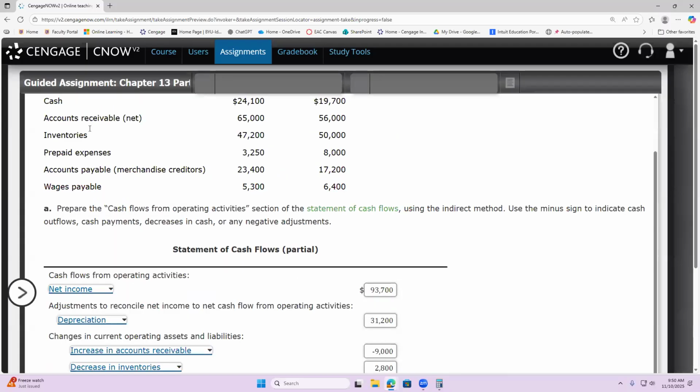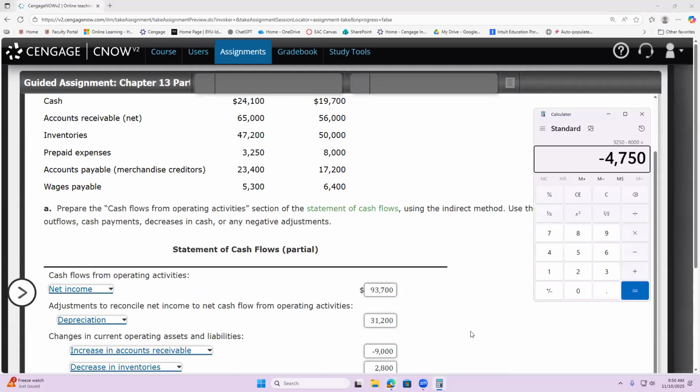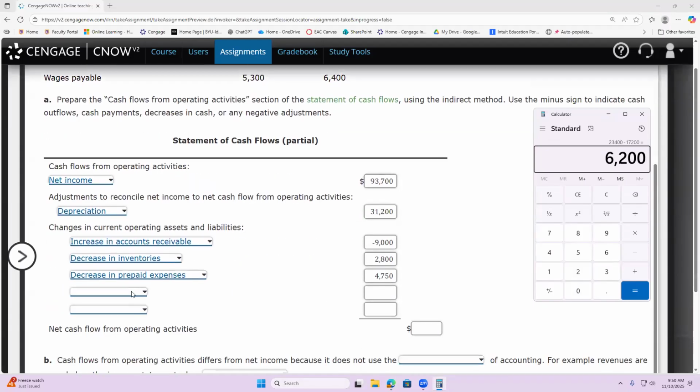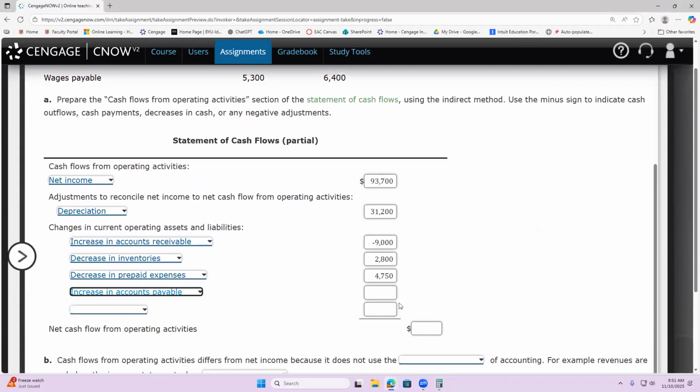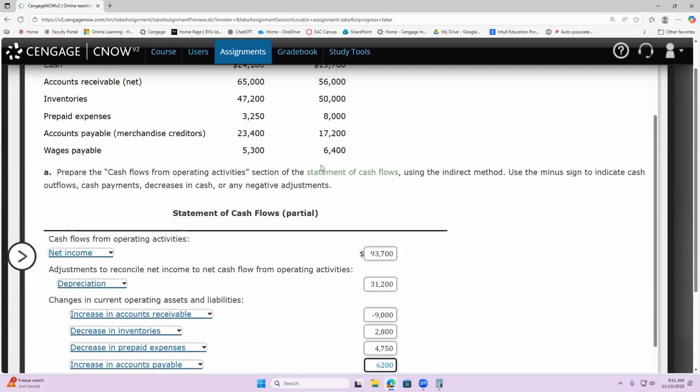All right. Accounts payable. So now this is a liability. We had 23,400 at the end of the year, minus 17,200 at the beginning. So our accounts payable went up by 6,200. With a liability, it's the same. So if it went up, we're going to adjust cash up. And finally, wages payable.